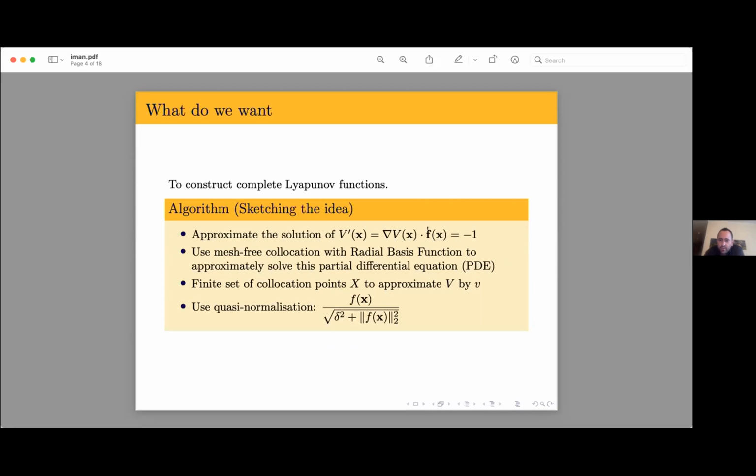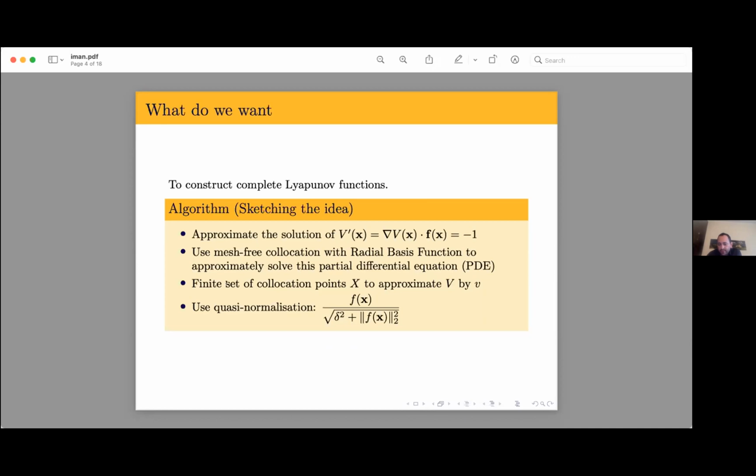Now, to solve this differential equation, we're going to use mesh-free collocation with radial basis functions to approximately solve the PDE. To use mesh-free collocation, we're going to set a finite set of collocation points, usually in a hexagonal shape, with which we are going to construct the collocation method to solve this differential equation.